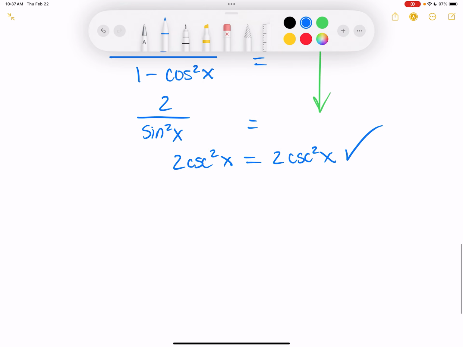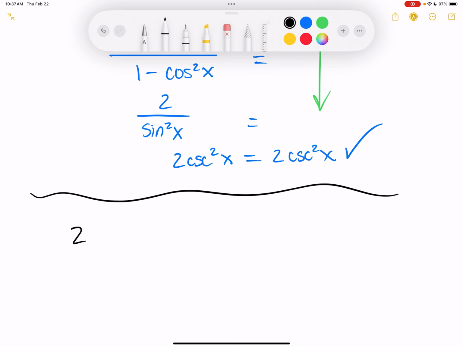That's a good question to bring up. So if you had something like 2 minus cosine squared of x, and let's say you get to this point and you're stuck. This isn't a Pythagorean identity, but we always think Pythagorean when we see the squared term, right?